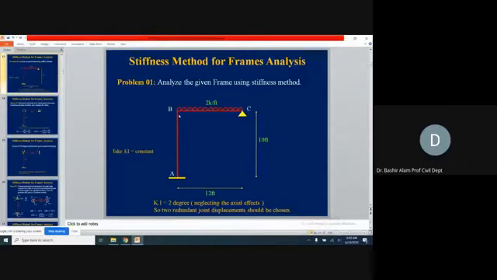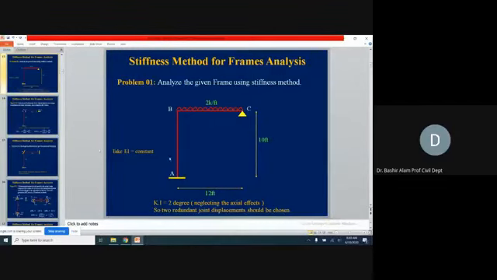Just to the right of B we have C, where we have a hinge support. So BC is a horizontal member, a beam, and AB is a column. AB height is 10 feet and BC is 12 feet.